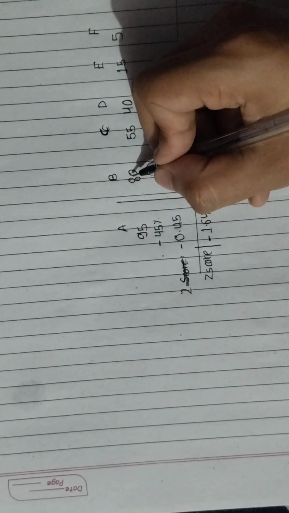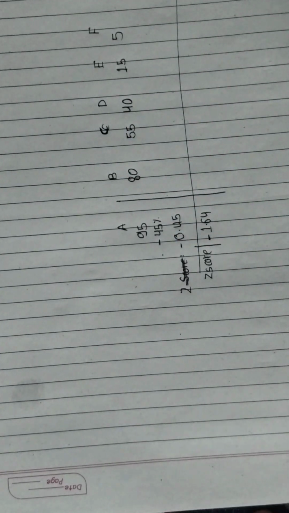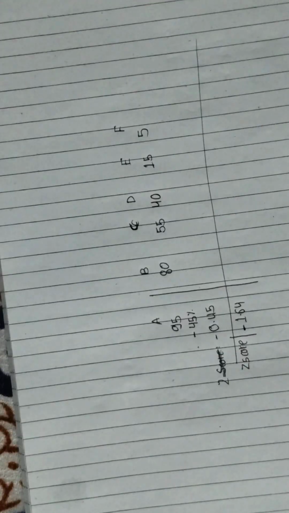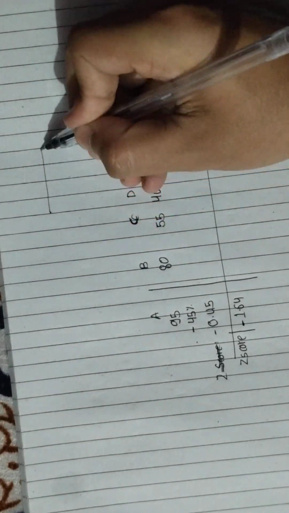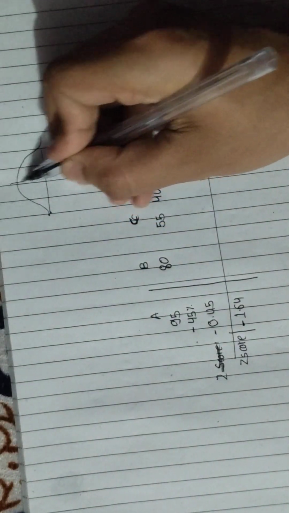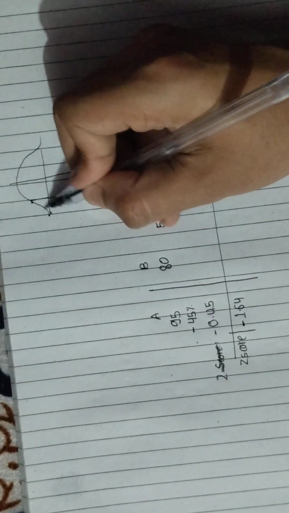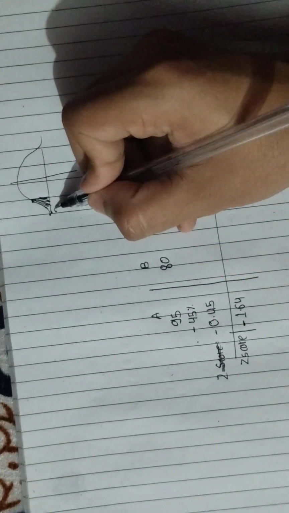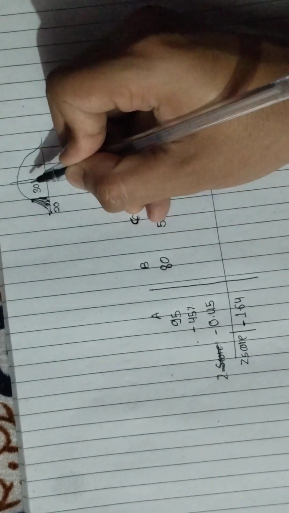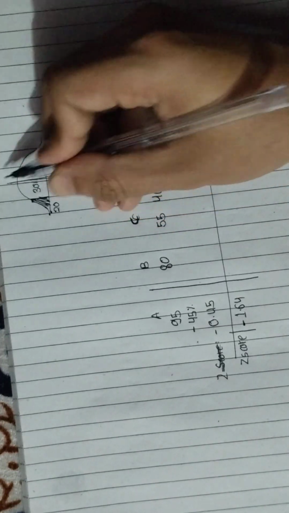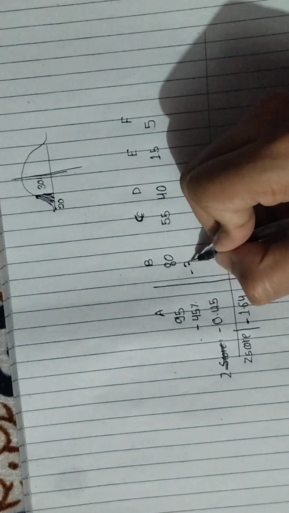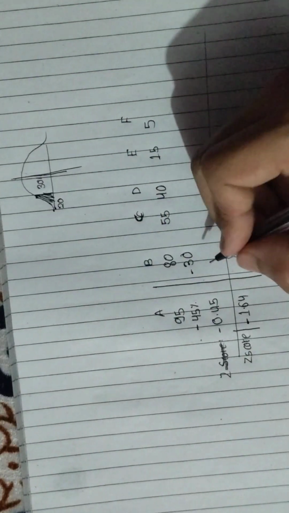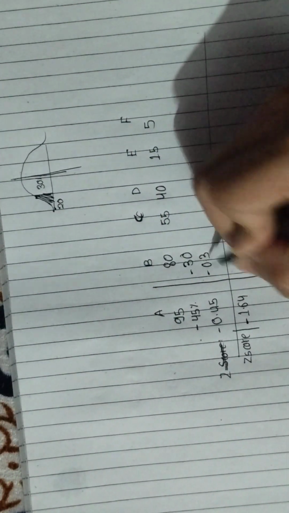Similarly, for 80%, in the normal distribution, 80% means 20% didn't solve. So it is 30% below the mean, because this half is 50, right? So it means minus 0.3 area.